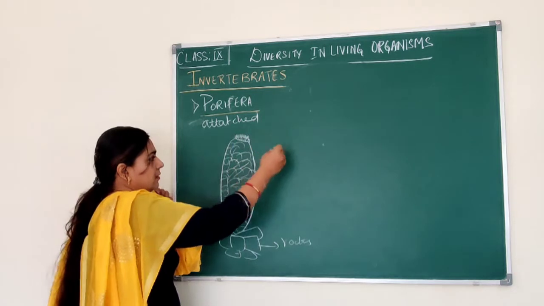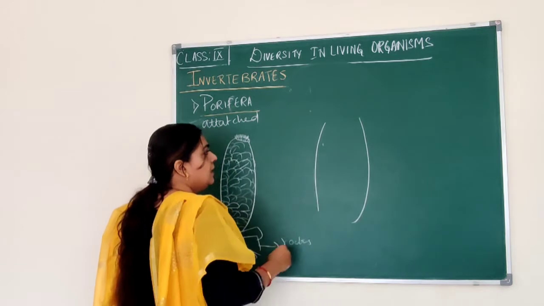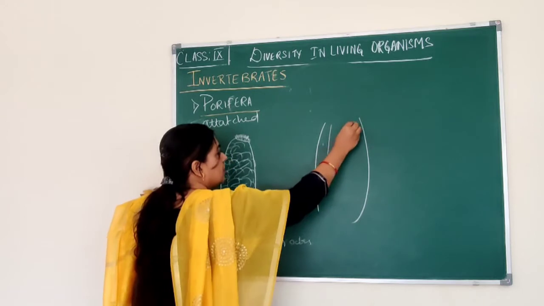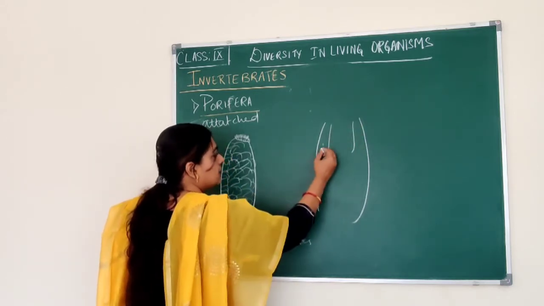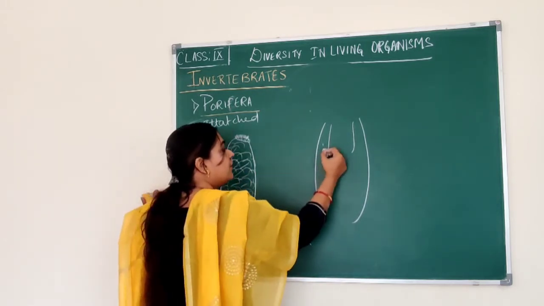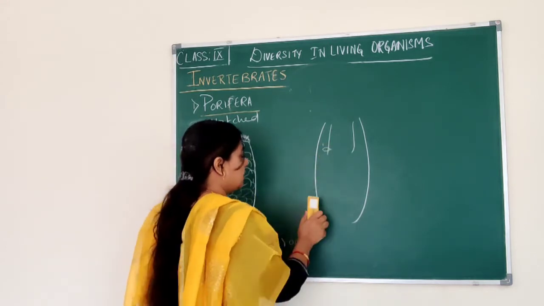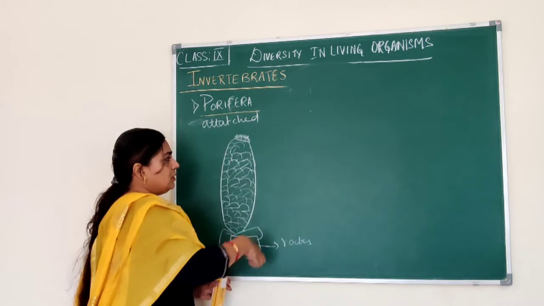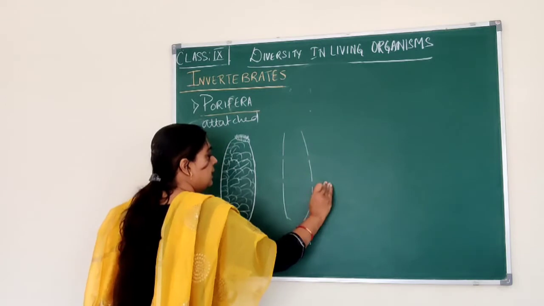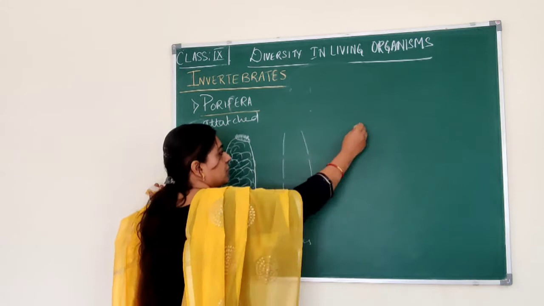Now let me take the internal structure. If this is the sponge, I'll take one part of it, so let us see how it is. I told you they are made up of different types of cells. So if this is the sponge, I'm going to take a section and show you only this section, so that you'll understand better.